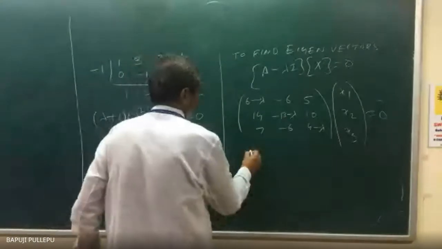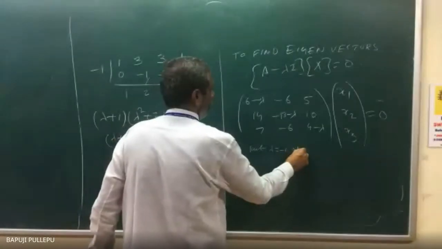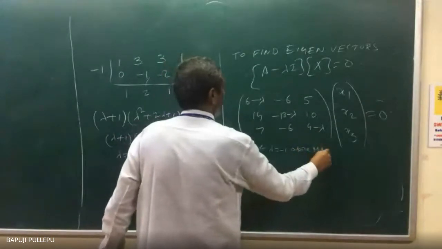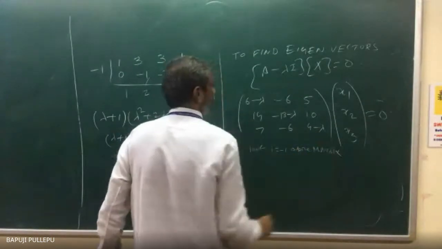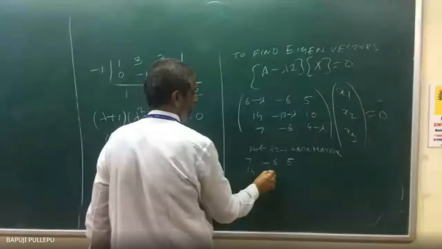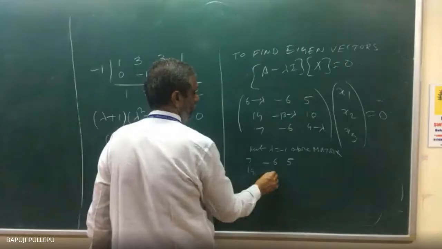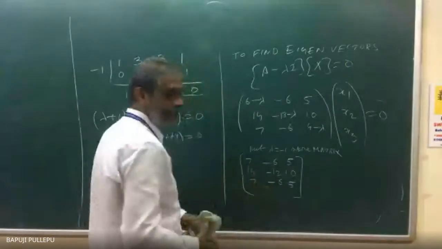What is it? 7, minus 6, 5. 14, minus 12, 10. 7, minus 6, 5. See, look at this, you understand or not?